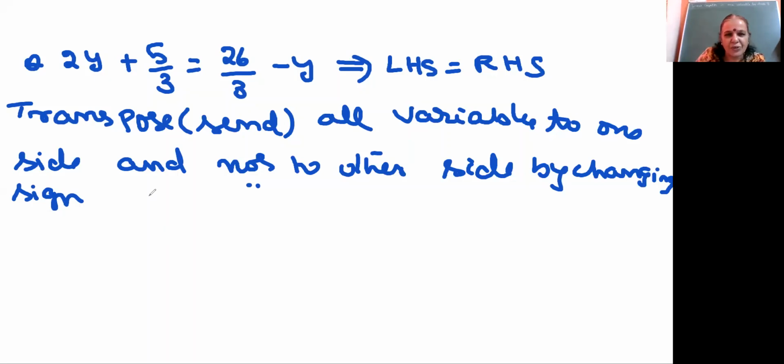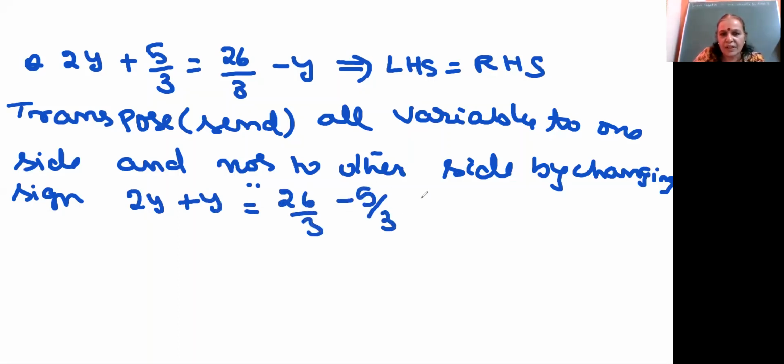That is 2y plus y is equal to 26 by 3 minus 5 by 3. That is 26 minus 5 is 21 by 3.